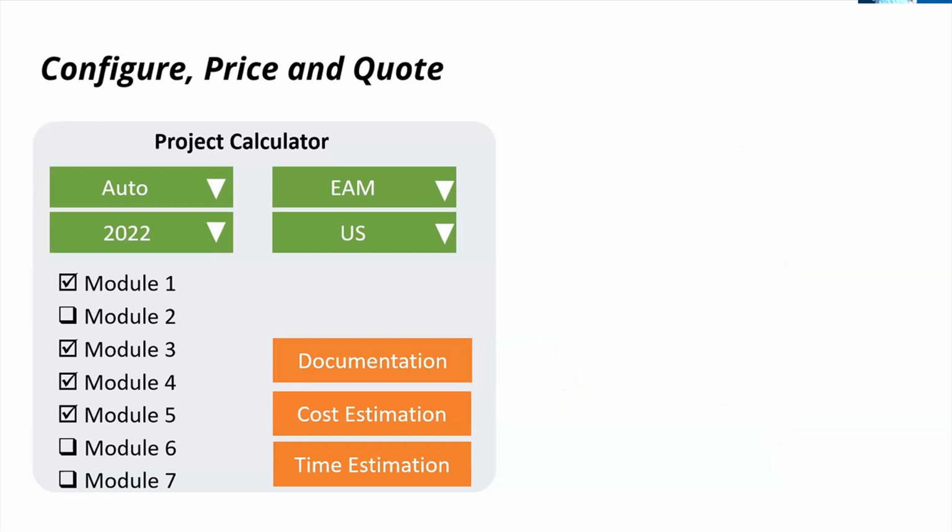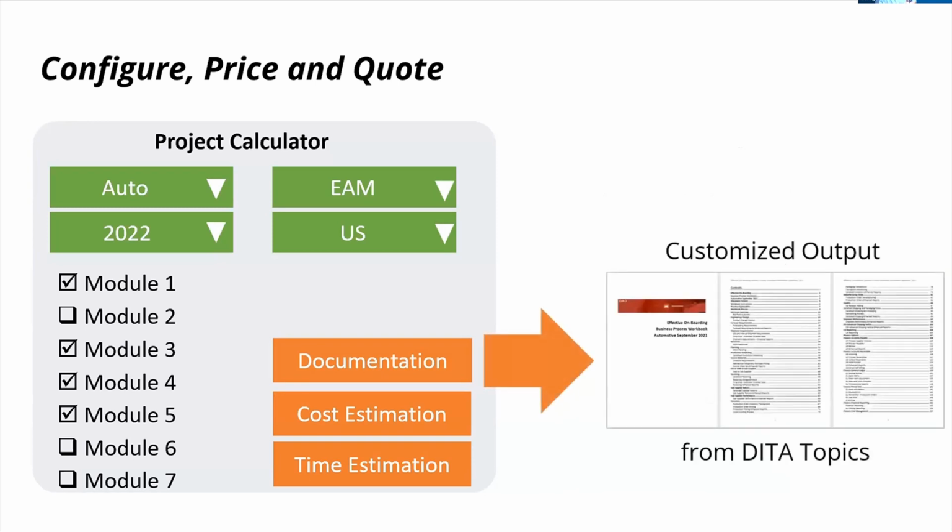And the result of adding in a documentation layer is now they get a cost estimate, they get a time estimate, but they also get this customized output, which is coming from their data content. So much easier to create the content. Also, they can create this customized output in any language from the localized content that is stored in the component content management system.